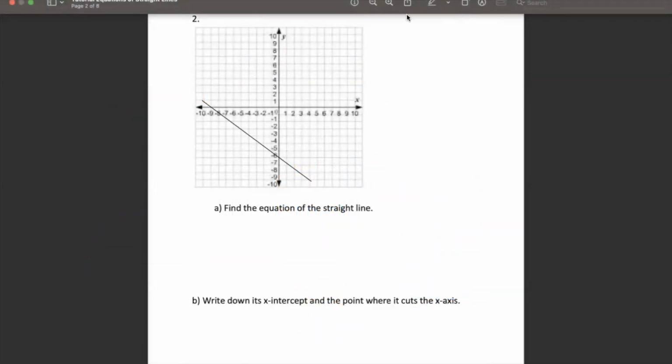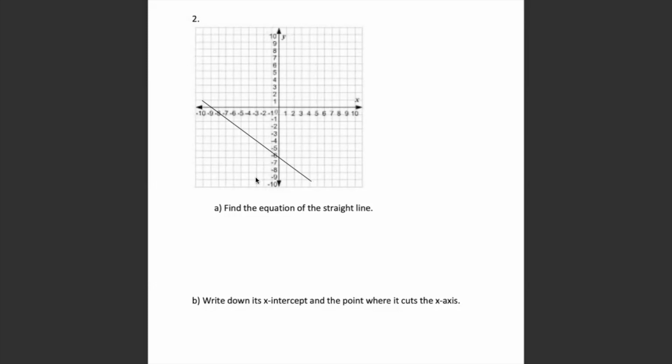Okay, so let's look at the second question here. Again, it says, find the equation of the straight line. So let's quickly choose 2 points there. So let this be our first point and that our second point. So let's write down the coordinates there. So this is 0, comma, -7. And this is -9, comma, 0.